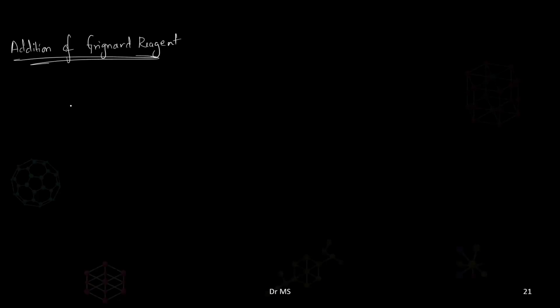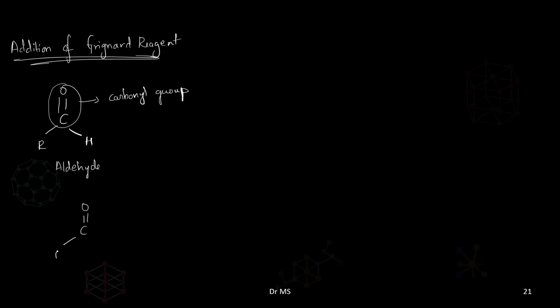It is the carbon attached to an R group and to hydrogen, with a double bond to O. We call this the carbonyl group. On one side it is attached to the alkyl group, on the other side to hydrogen. We call this an aldehyde. If it is a ketone, the carbonyl group is attached to two different alkyl groups. That's the basic difference between an aldehyde and a ketone.